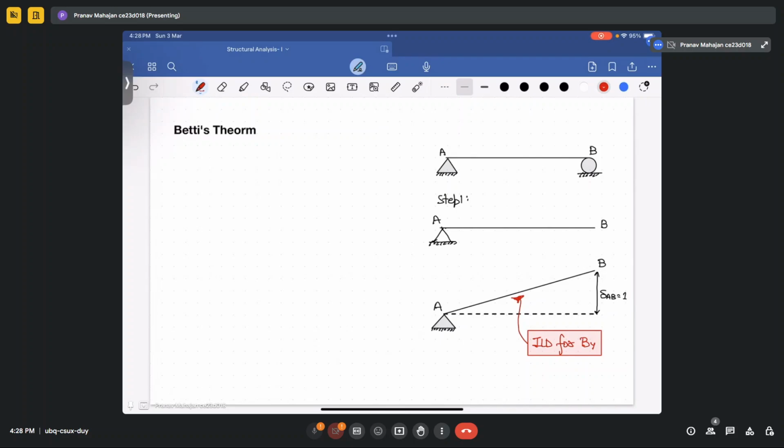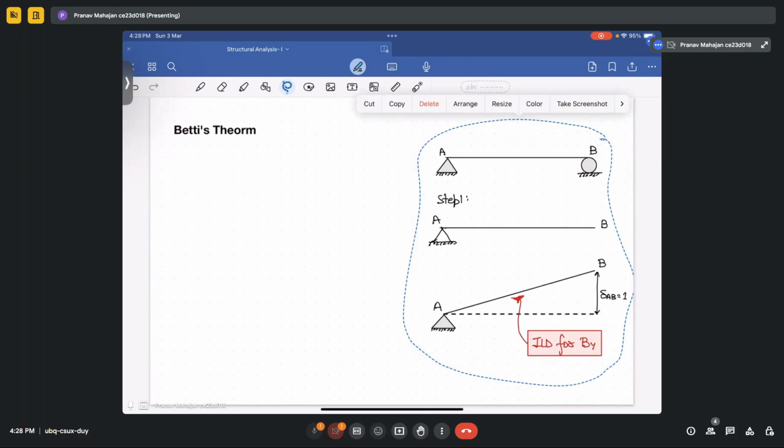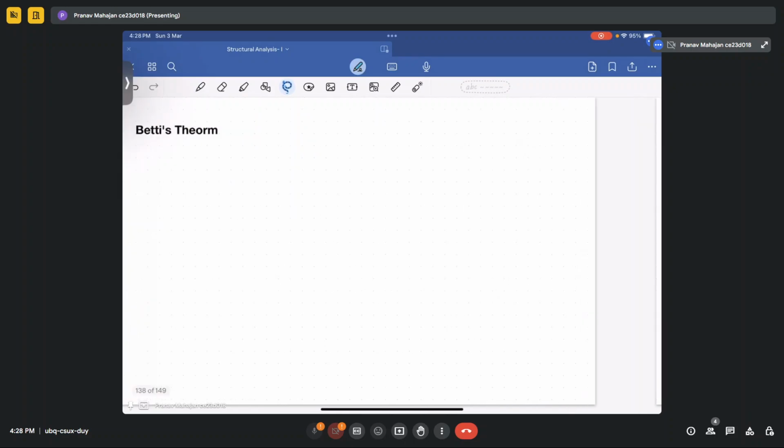But the basic concept behind that is Betti's law. So what Betti's law says is, suppose you have any frame. I think I will crop this and put it on the next page. Okay, I will cut this and add another slide and paste it here.